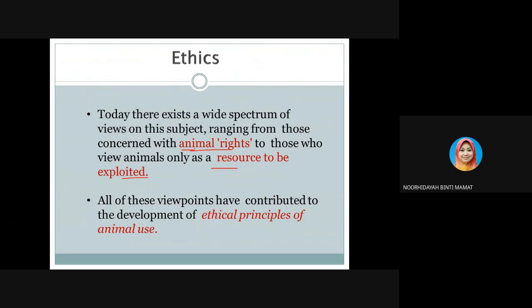Animal rights holds that animals should not be exploited, and that it is wrong to use animals for human purposes under any conditions, even as subjects for research. All of these viewpoints have contributed to the development of ethical principles of animal use.